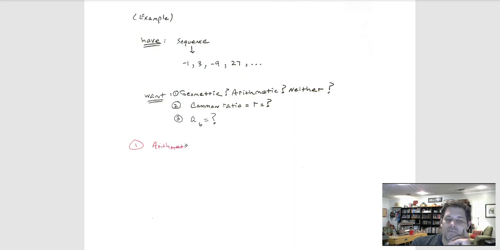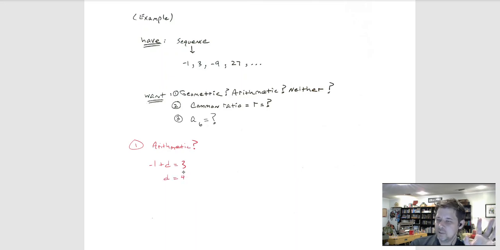If this one might be arithmetic, then I would take -1 plus some fixed number d, and I would get 3. That's how it is: you would take any term and add d, and you get the next term. Now, if I take -1, the first term, and add d and I get 3, the second term, then that would make d equal to 4, right?